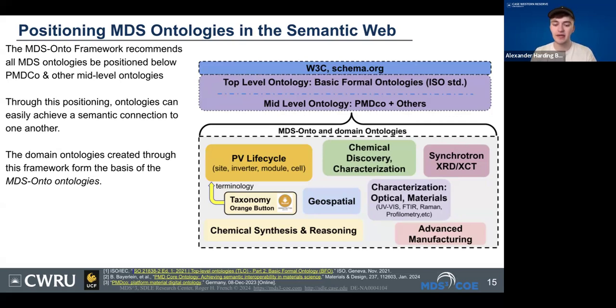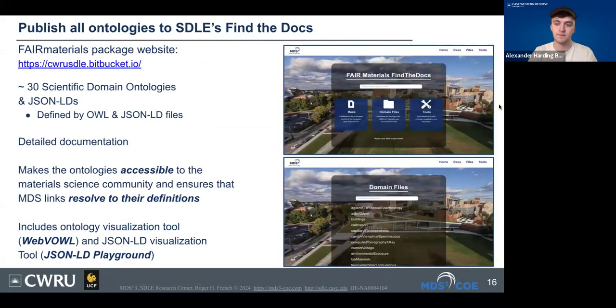Currently, we have a discrete number of domain ontologies, including the PV lifecycle, chemical discovery characterization, XRD, and we're currently working on expanding the domain ontologies that we are creating under the MDS-Onto umbrella.